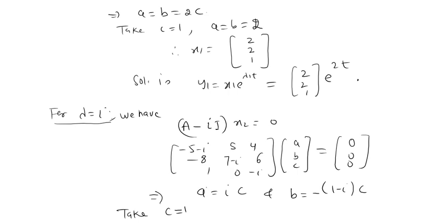So if you take c equal to 1, you get a equal to i and b equal to minus 1 plus i. So you find one solution. Therefore x2 is (a, b, c), where a is i, b is minus 1 plus i, and c is 1.